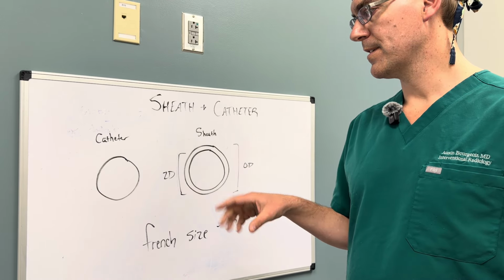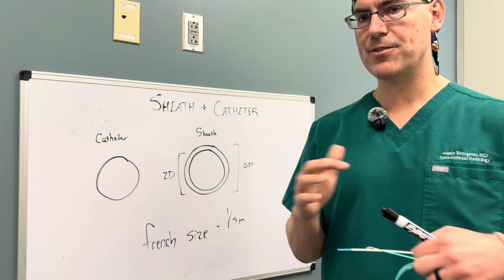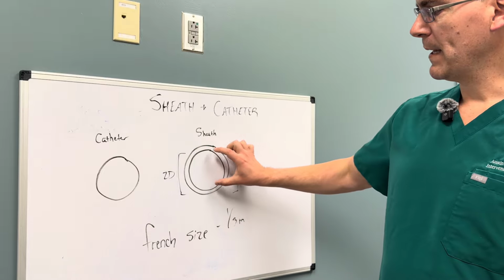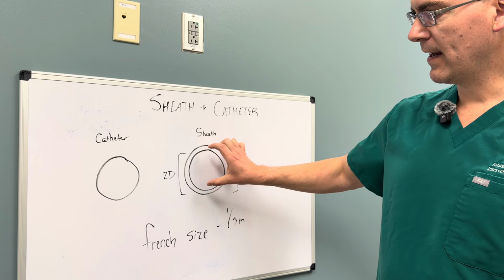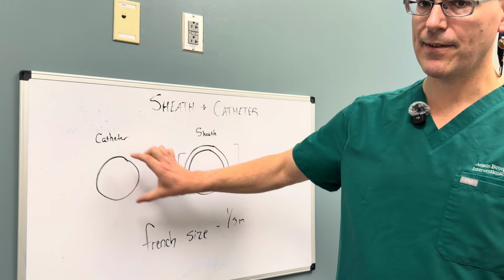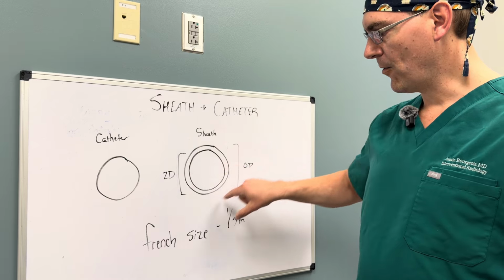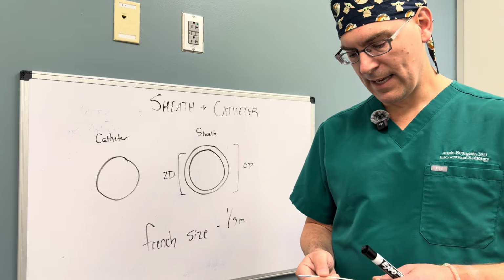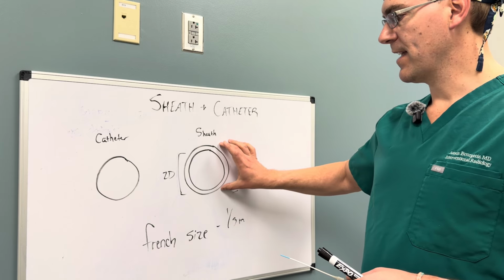Okay, so I'll break that down a little bit more. Using the standard or conventional way of thinking about this, a 5 French sheath means there's a 5 French inner diameter, or hole on the inside, that can accommodate up to a 5 French catheter. The outer diameter, how big the hole created by the sheath is, is bigger than that, typically by convention about 2 French sizes bigger.